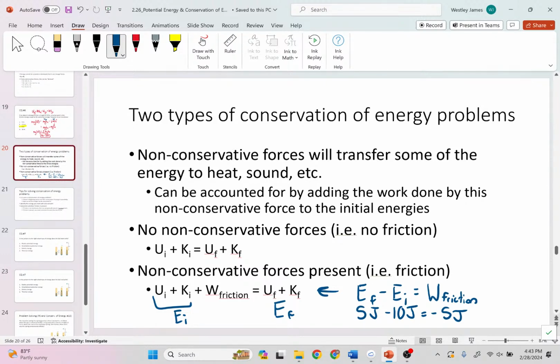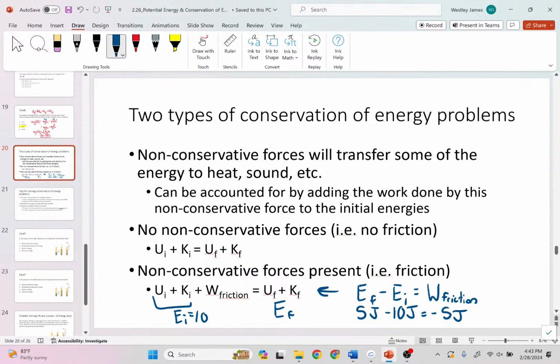Yeah, so originally I did have the work due to friction on the right side. The reason I moved it over to the left is because we need to remember that this work needs to be negative. If we imagine numbers, you should always start with more energy than you end with.